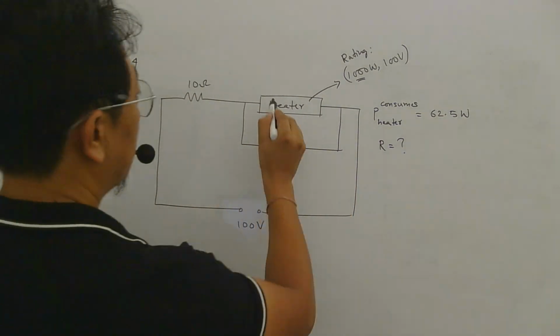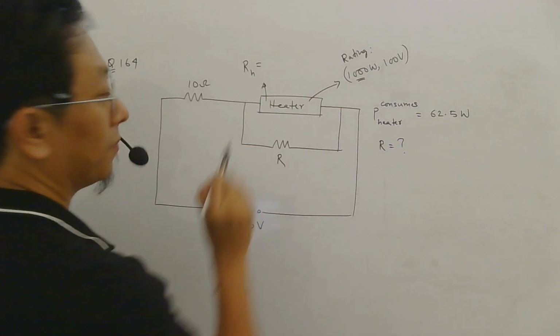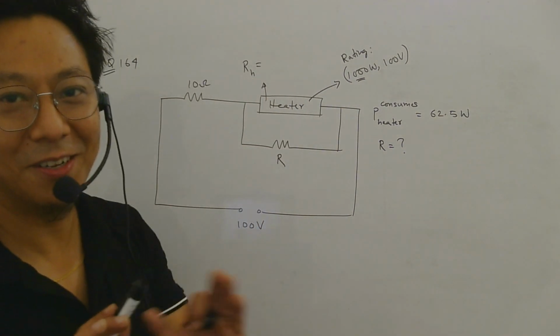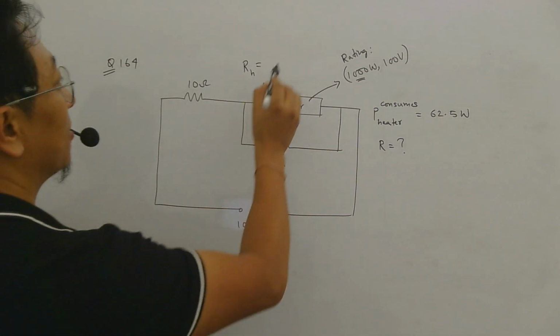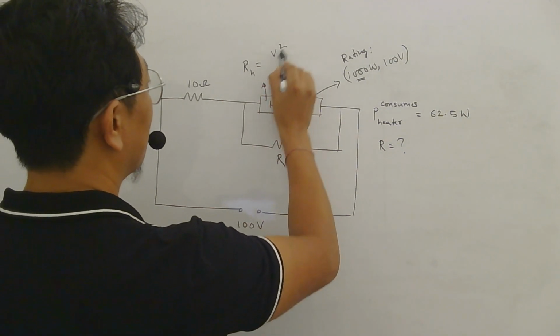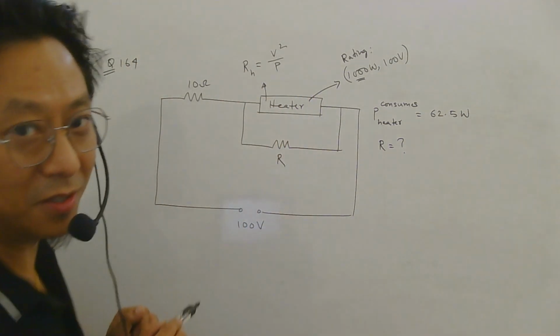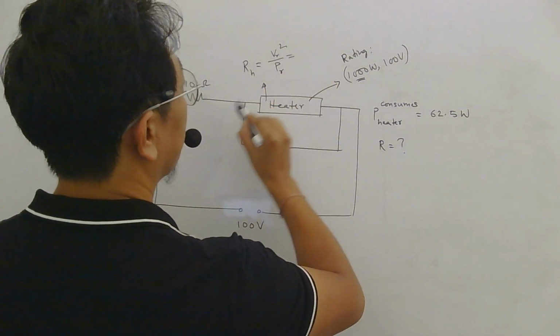Now, let us try to find resistance of the heater from its rating, because resistance doesn't depend on what voltage is applied or what power is consumed. So P equal to V square by R, so R will be V square by P, isn't it? And this is rating. So what is the voltage rating? 100 volts.